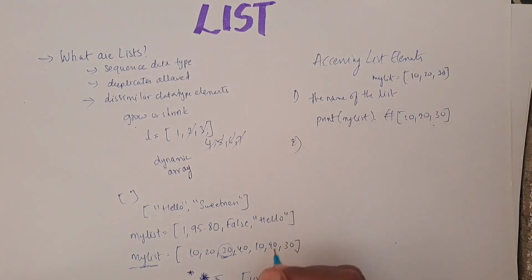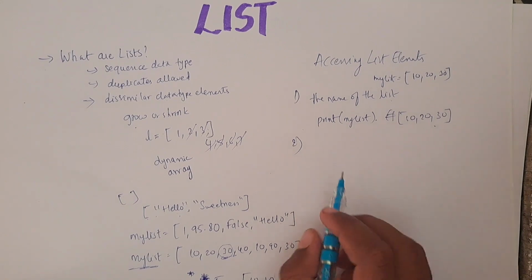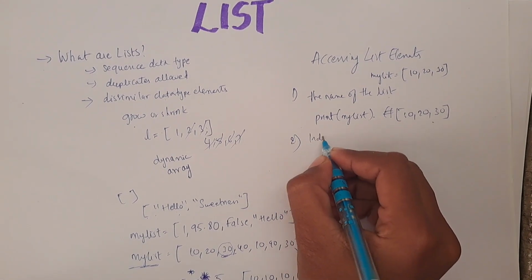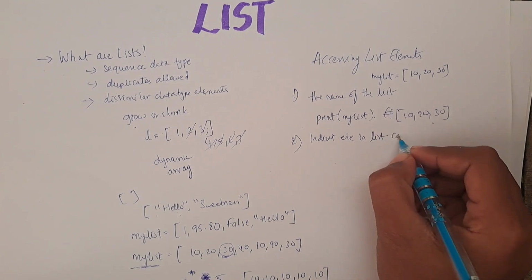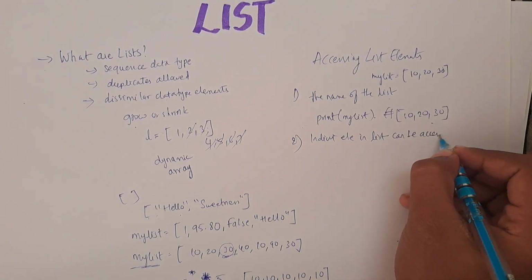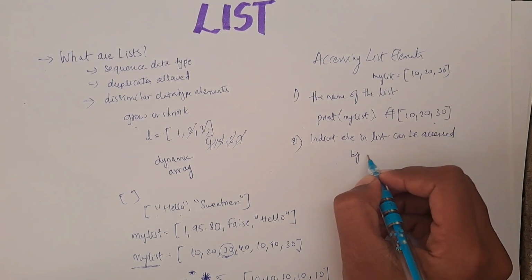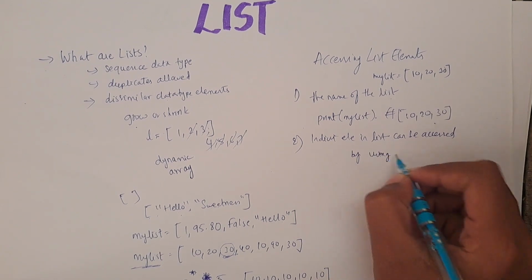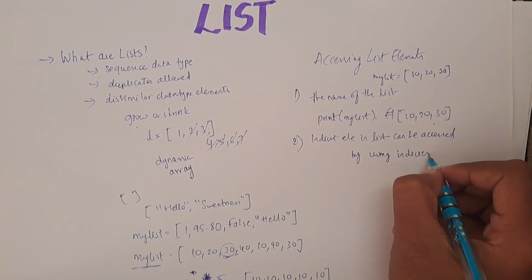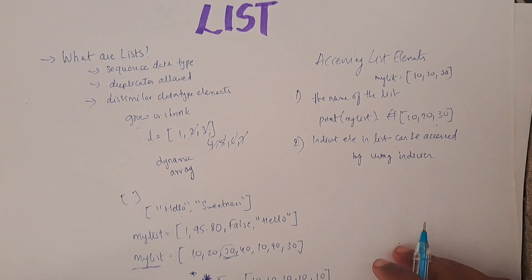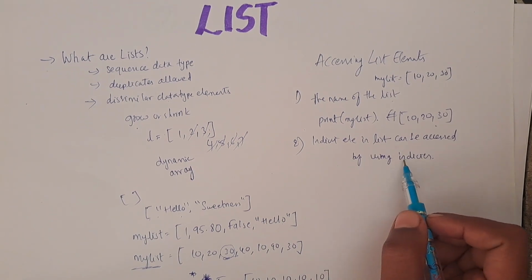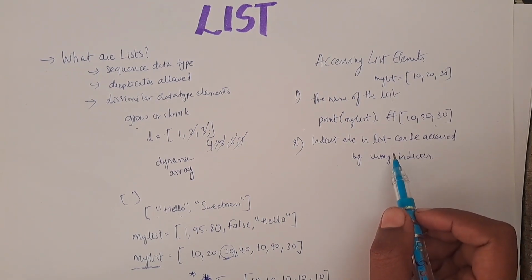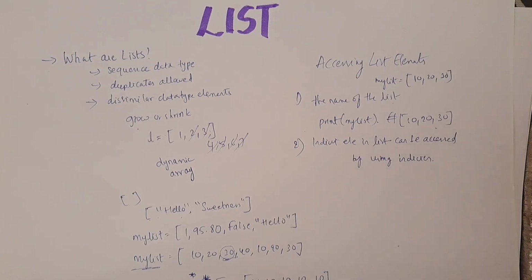The second way is, like strings, individual elements in a list can be accessed by using indices. Coming to the concept of an array, we use the index to access every element. That is also applicable in a list. So we will use the index in order to access every individual element.